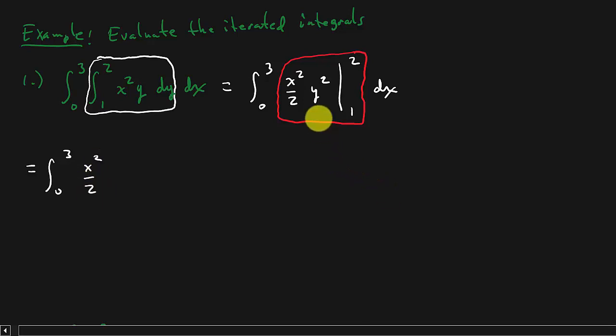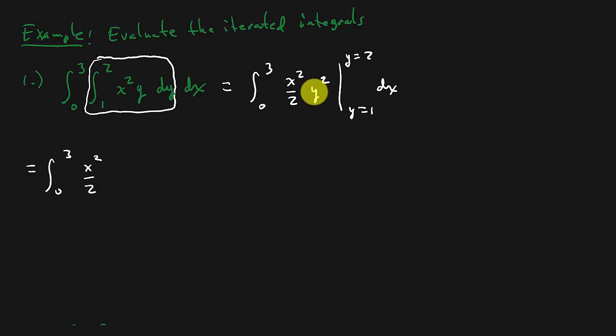Now, I should have done this a little better. This probably would help you here: y equals 1 to y equals 2, dx. I would go ahead and put y equals 1 to y equals 2, so that way you know that you're plugging these numbers in for y.